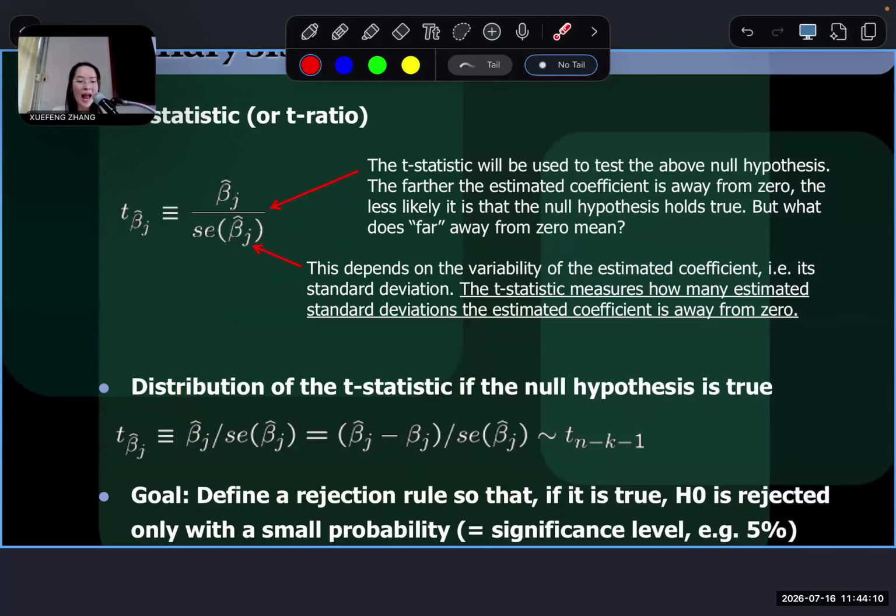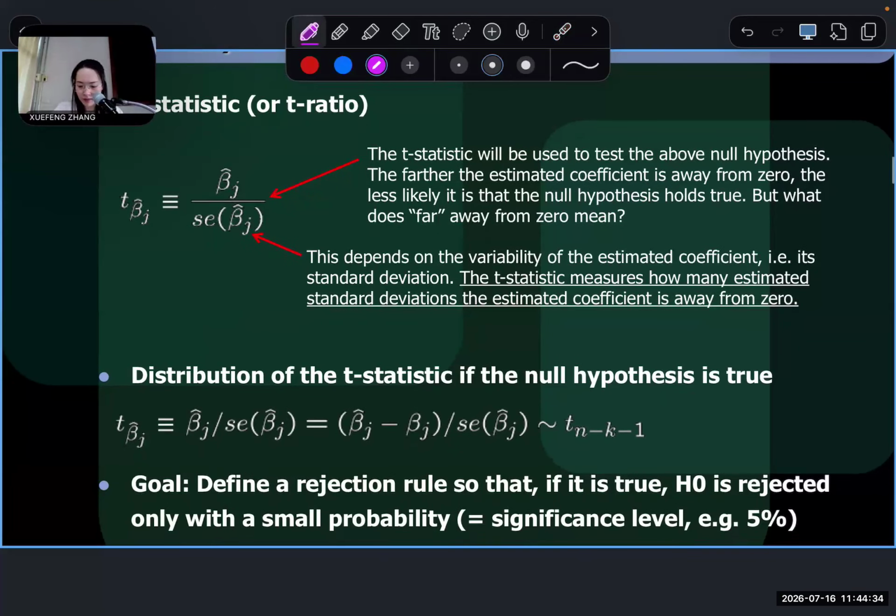If you have a big t, the estimate is many standard errors from 0. A bigger t means you have strong evidence against H0. If you have a small t, the estimate is close to 0 relative to its own noise, okay? So this is weak evidence against H0. Let me write it down.